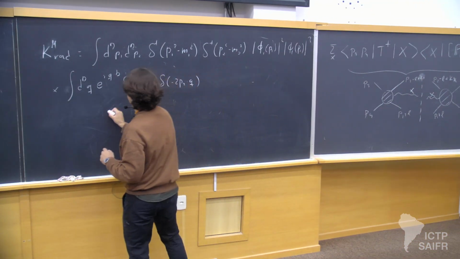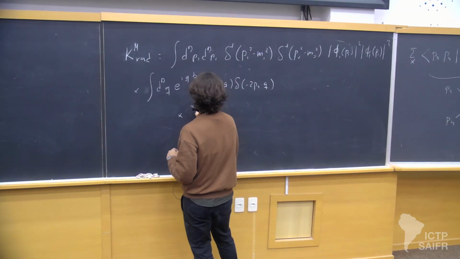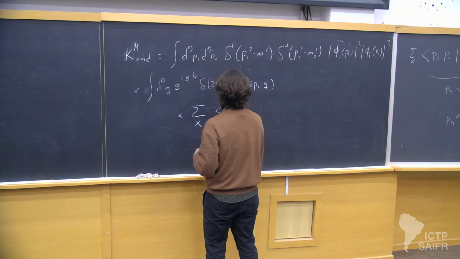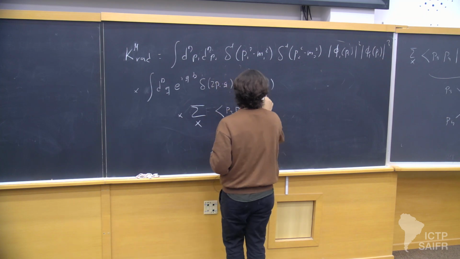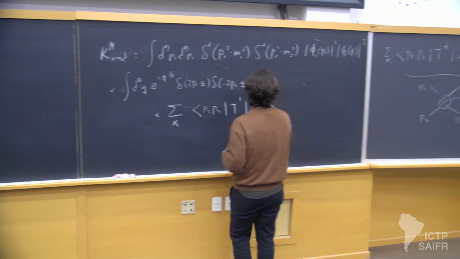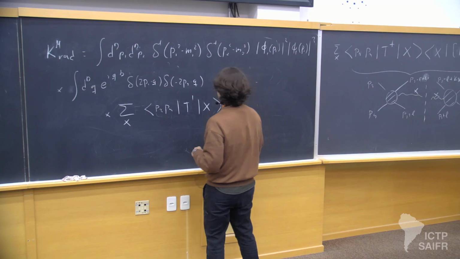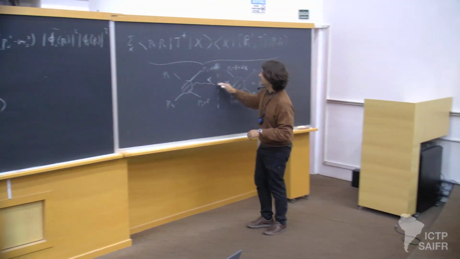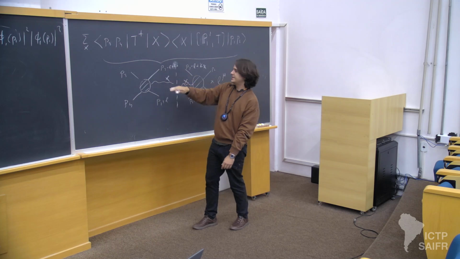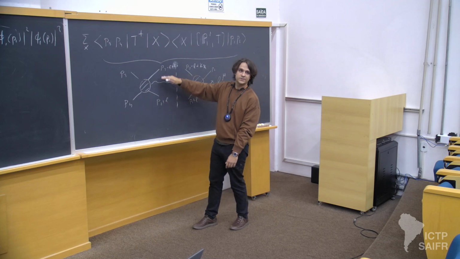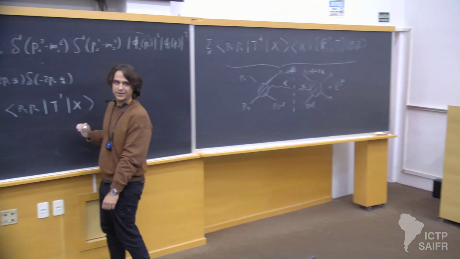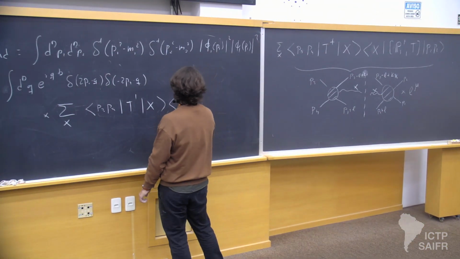And then I'll have the sum over intermediate states of P3, P4, T dagger, X. I realized that here I was being a bit sloppy because in principle the intermediate state includes also the two particles. So what I mean by X here is slightly different than here, but I hope it's clear.